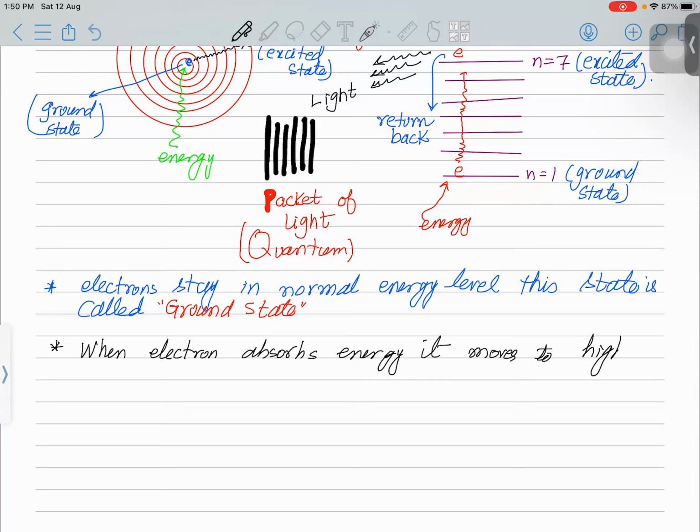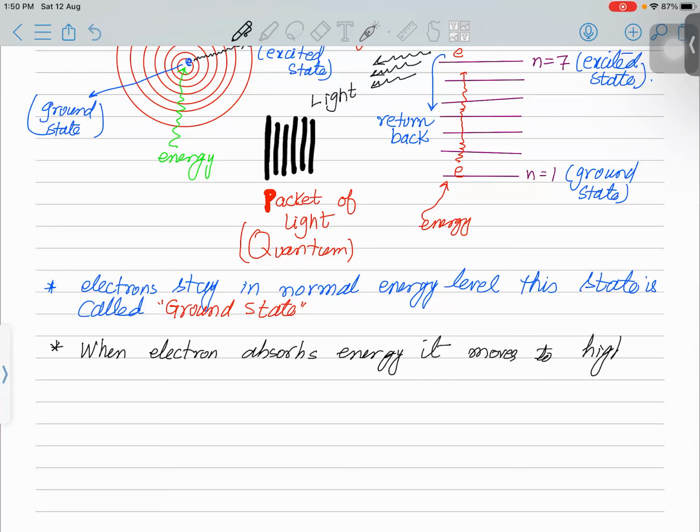It emits radiation in the form of a packet of light, known as a quantum.